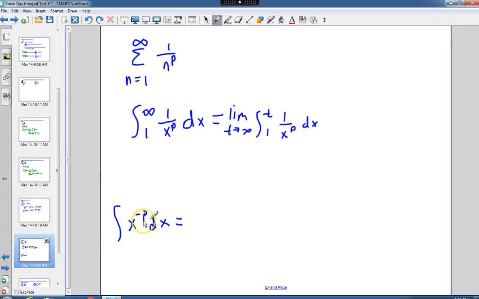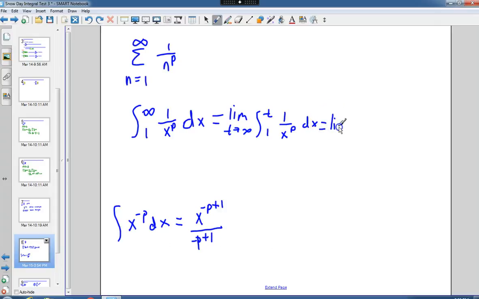To find the antiderivative, we can just use our reverse power rule, which says that we need to add 1 to the power that we have. So we would have x to the negative p plus 1, and then we divide by that new power, negative p plus 1. So that's our antiderivative.